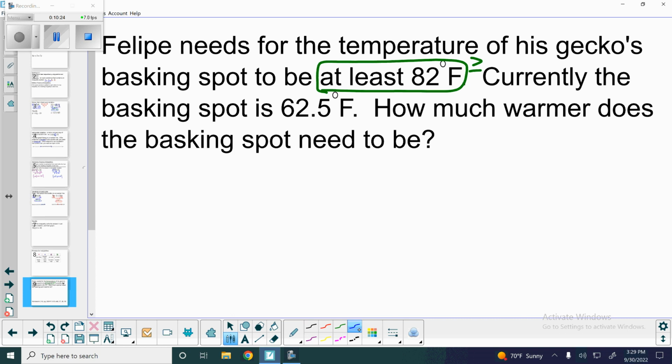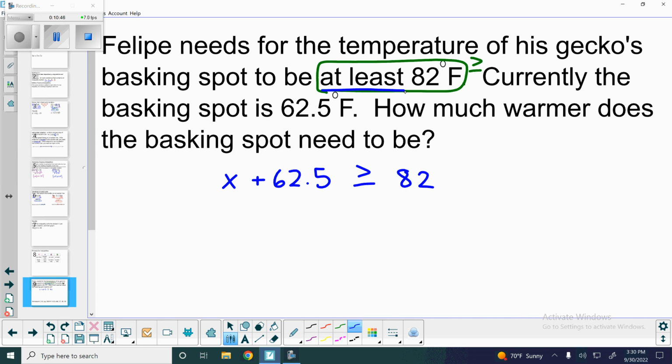So I need to figure out how much more he needs to add to 62.5 to get to that minimum of 82 degrees. So I'm going to take the value I'm trying to find plus the 62.5 degrees that's already in there. And I'm going to compare that to the 82 degrees that I want, using greater than or equal to because of that at least.